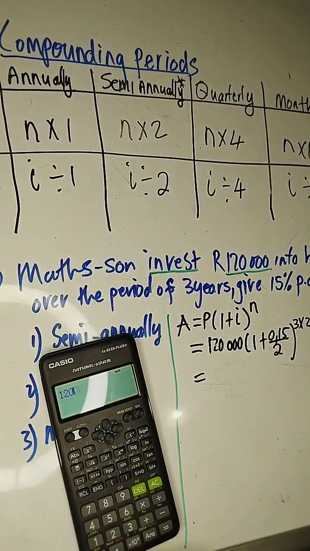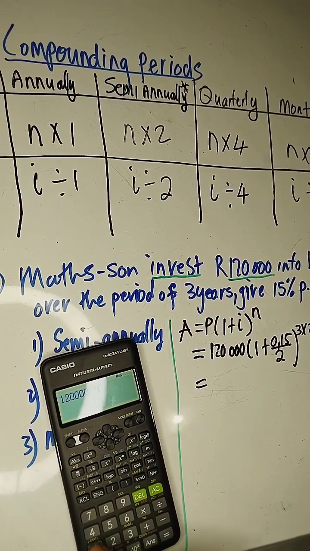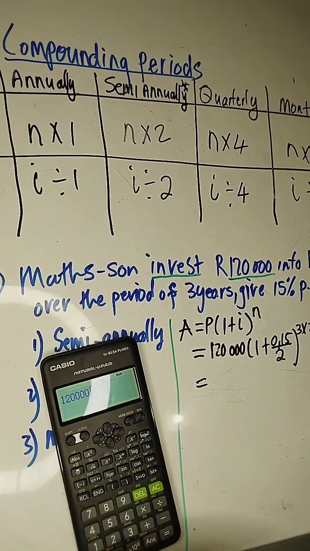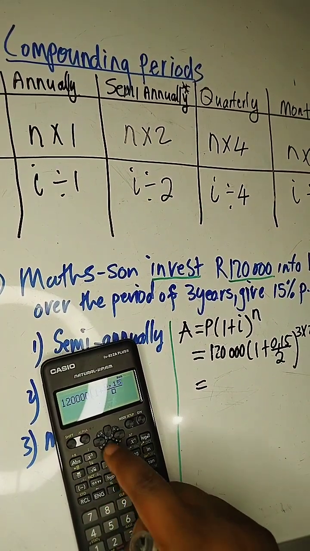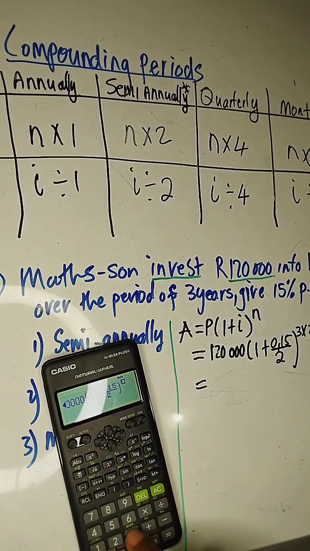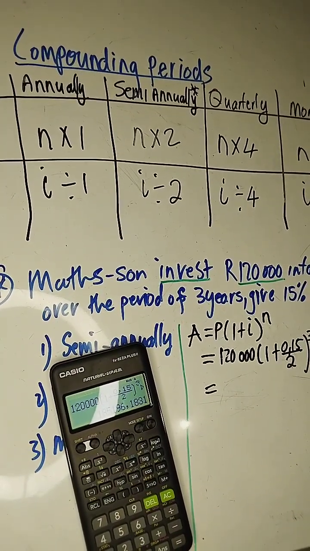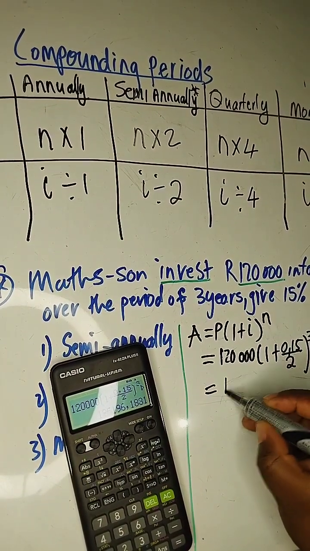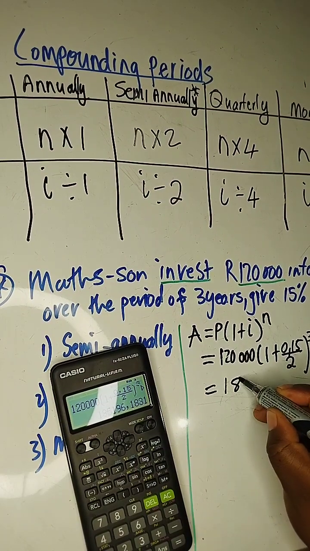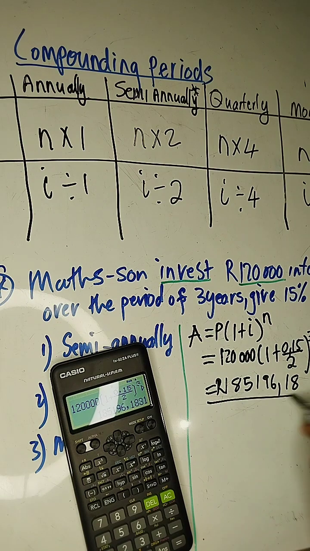So we have 120,000 into 1 plus 0.15 divided by 2, close brackets, exponent 3 times 2. Our answer here is 185,196.18. That is how we find the money.